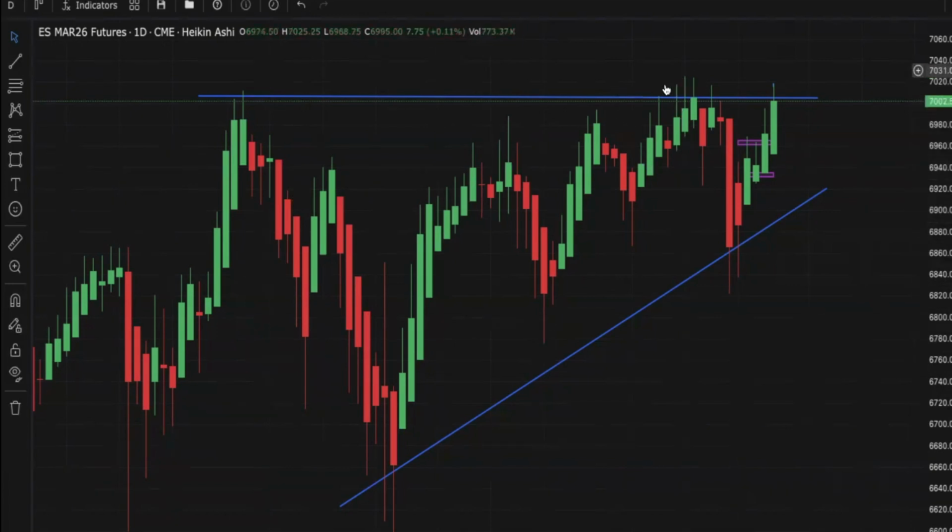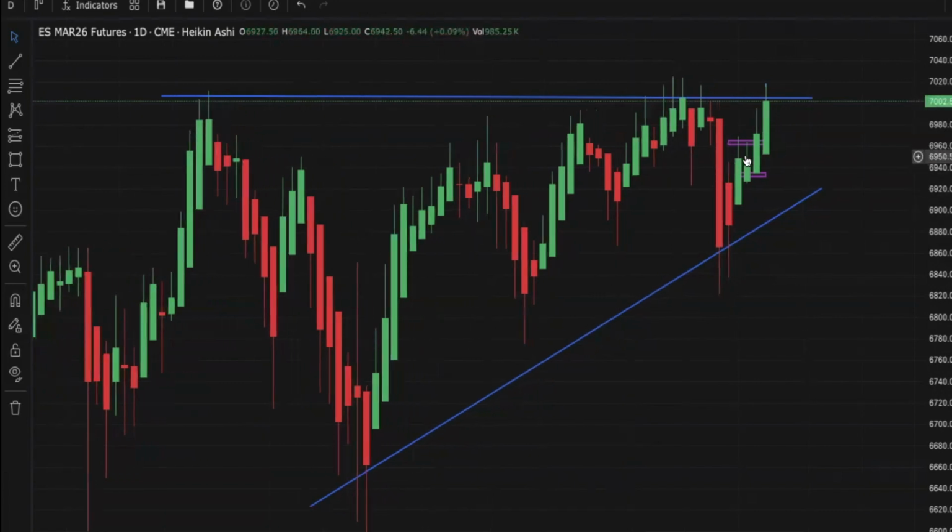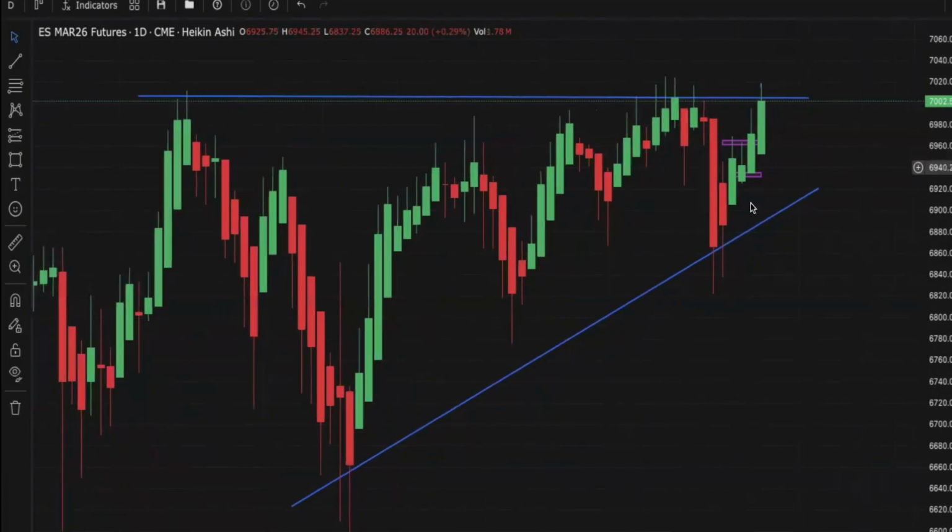So right here we have multiple rejections, which made it a valid level, a very strong resistance. Now we find ourselves in the same spot, the same area, and now we have a bullish candle.